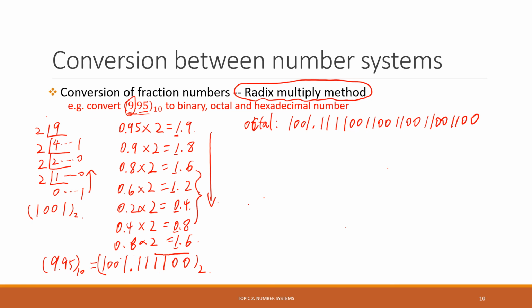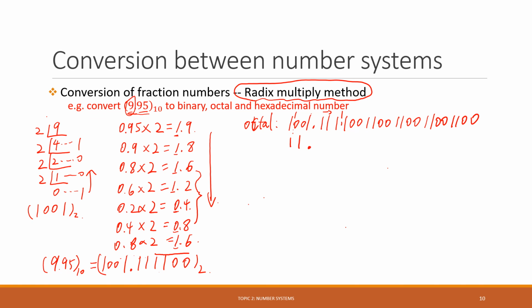For octal, we know that for the whole part, we split the number every 3 bits, starting from right to left. So starting here. So 1001 in octal becomes 11. Then we got the radix point. Now for the fraction part, we still cut the number every 3 bits, but this time we start from the higher bit, from left to right.